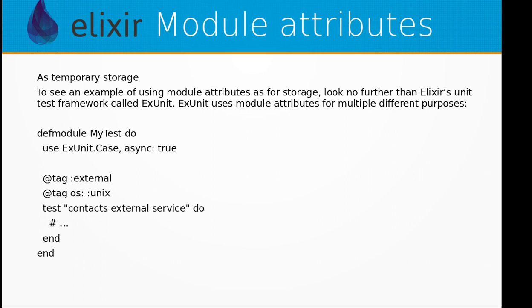To see an example of using module attributes as storage, look no further than Elixir's unit test framework called ExUnit. ExUnit uses module attributes for multiple different purposes. As you can see in the code below, we are defining a module called MyTest, and within that MyTest module we are using the ExUnit test framework, and we are using its case, and we are setting async: true.